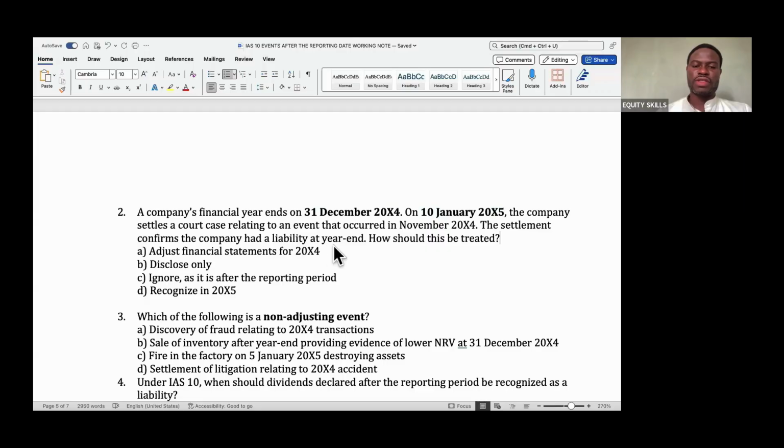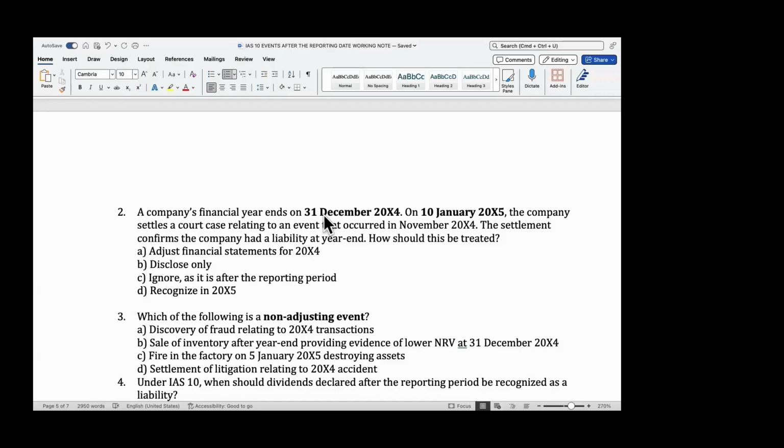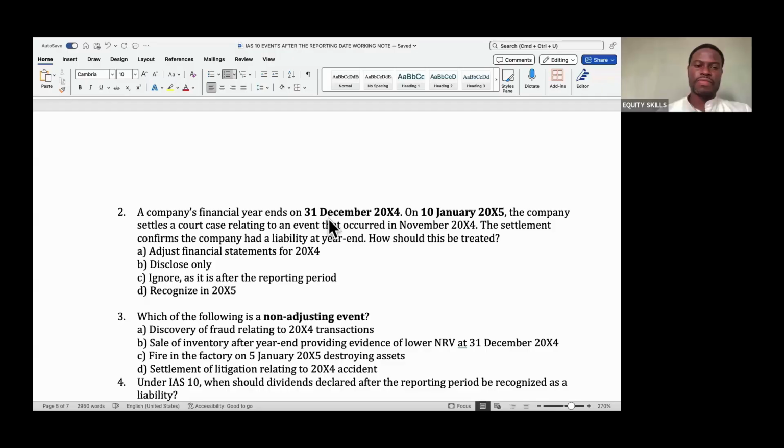A, adjust financial statements for 2004; disclose only; ignore as it is after the reporting date; recognize in 2005. We have to adjust the financial statements for 2004, sir, because this event already existed before the end of the reporting period. Okay, that's correct.